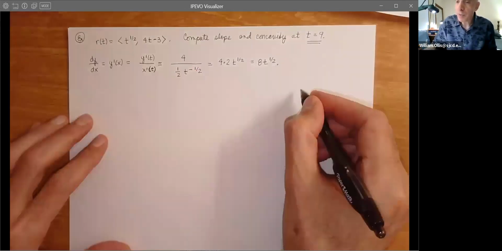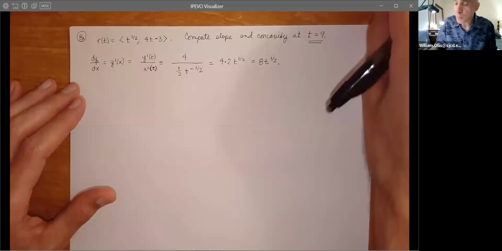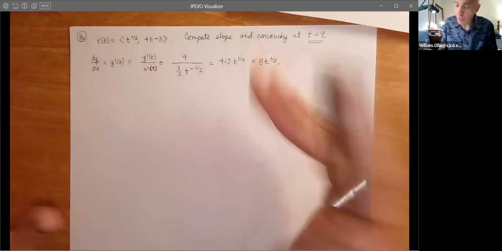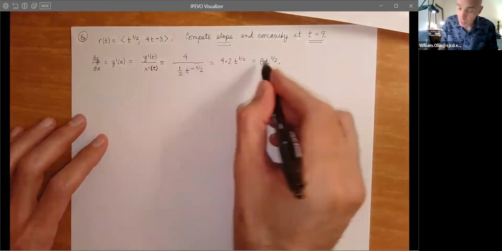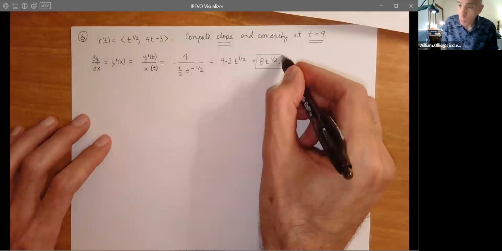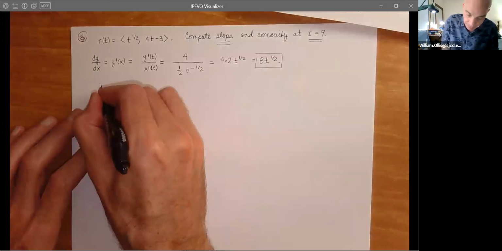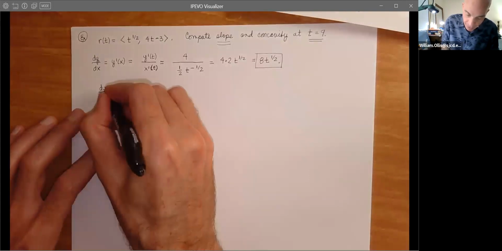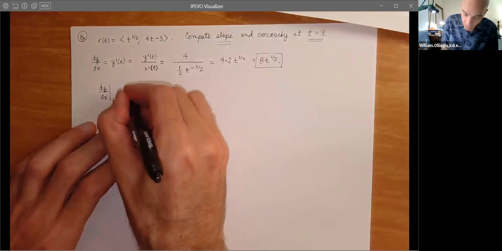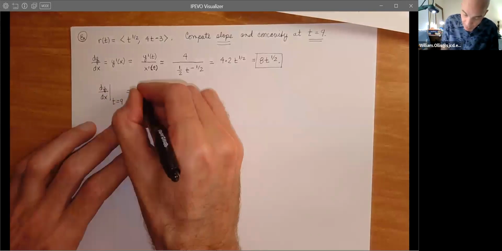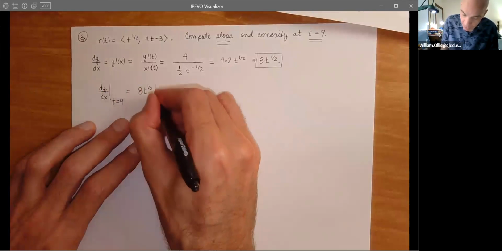Now, if we look at this and think about what we're trying to do in this particular case, if we want to look at the slope, we've got this Cartesian derivative. So we can say, for instance, dy dx at t equal 9 equals 8 t to the 1/2 evaluated at t equal 9.